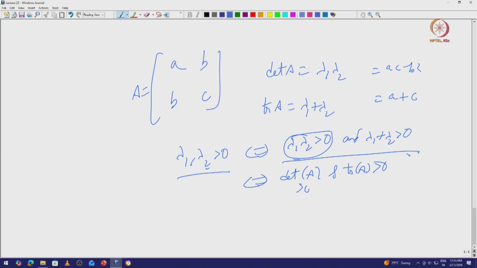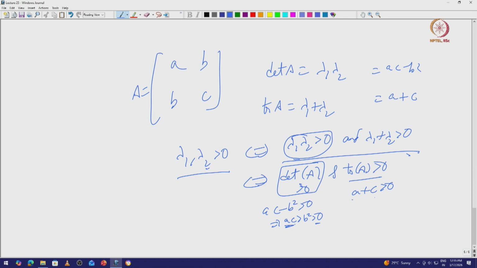Okay. In fact, we can say a bit more. The determinant is positive and the trace is positive means that A + C is positive, right? Determinant is positive means AC - B² is positive, which means AC is larger than B². If AC is positive, then A and C have the same sign, either they're both positive or both negative.